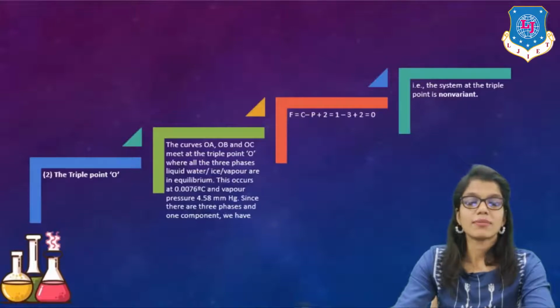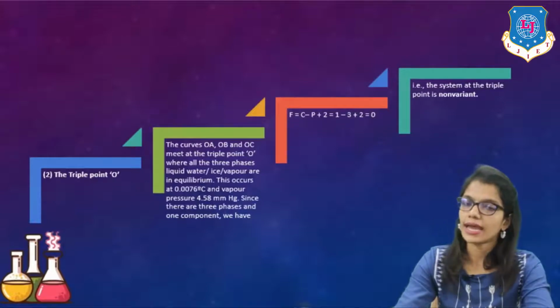The triple point is denoted by O. The curves OA, OB and OC meet at the triple point O, where all three phases, liquid water, ice and vapor, are in equilibrium with each other. This occurs at 0.0076 degrees Celsius and the vapor pressure will be 4.58 mmHg.